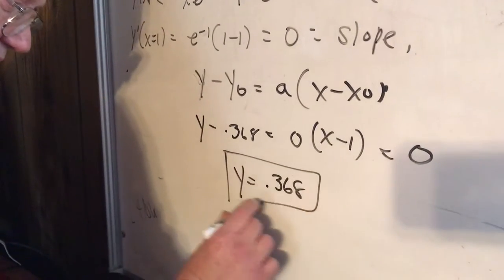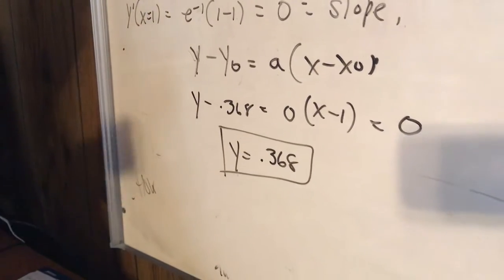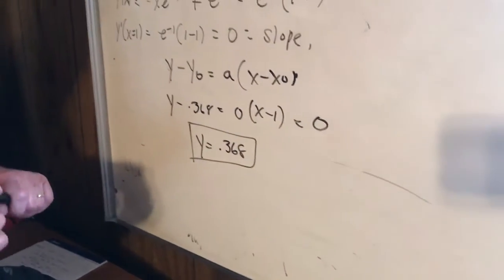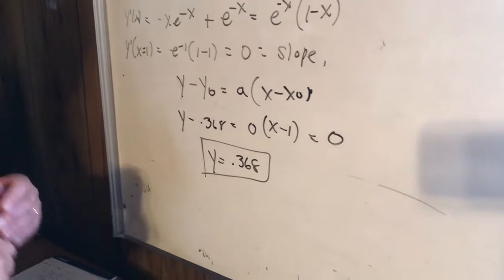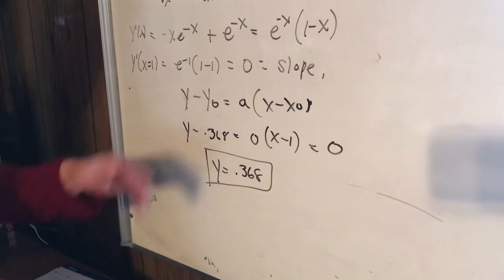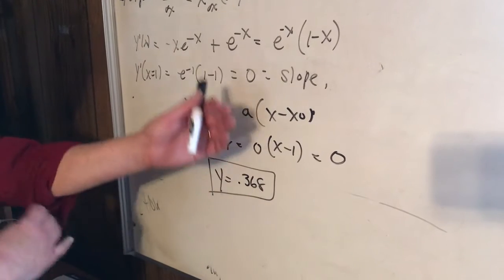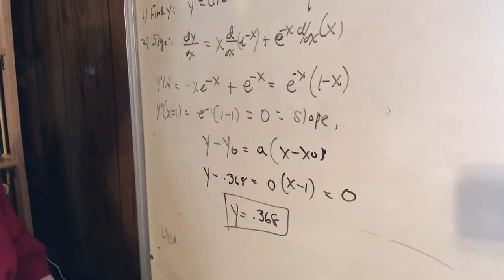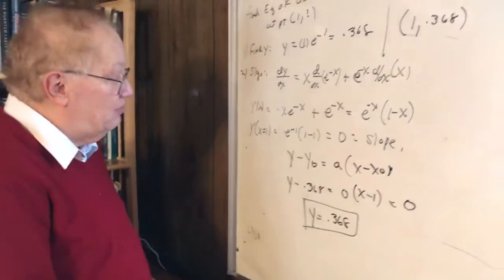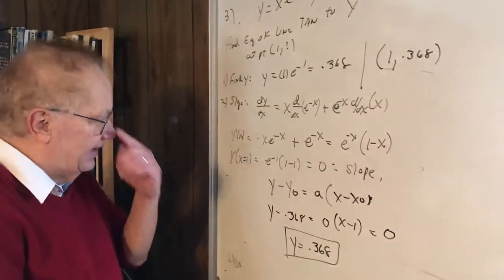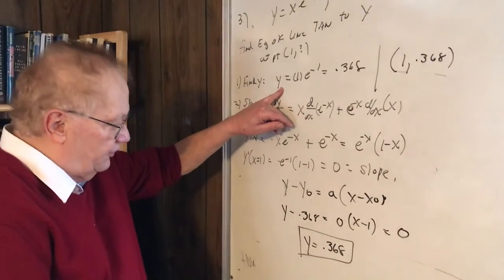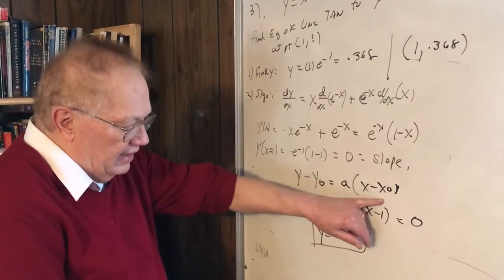So y is simply a horizontal line with a slope of 0. That's it. No fuss, no muss. I think a lot of you got confused because it came out to be 0 and you thought you were wrong. But don't look a gift horse in the mouth. It was supposed to be a gift, making it a lot easier. Remember, always find the other variable first, so you have your y0 and your x0.